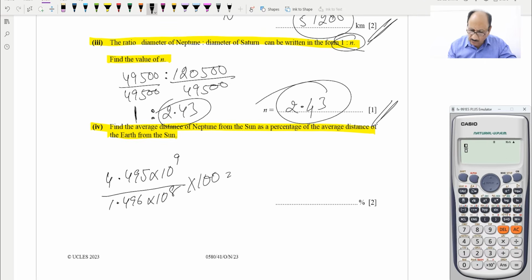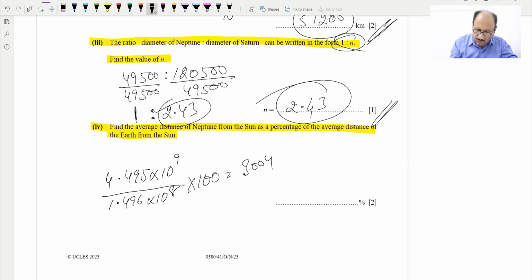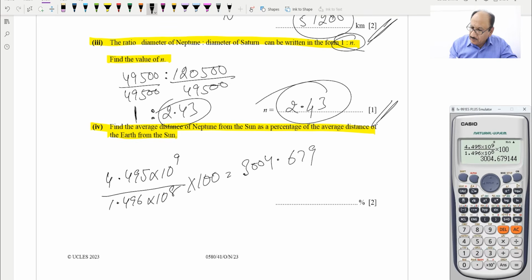And to find the percentage, we will multiply this by 100, and this will be equal to, we can use the calculator, so 4.495 into 10 raised to the power 9 over 1.496 into 10 raised to the power 8, and this whole thing will be multiplied by 100, and this is equal to 3004.679, yes.